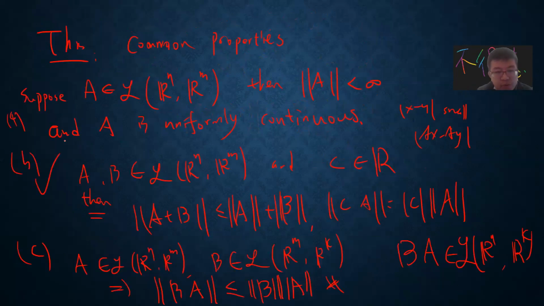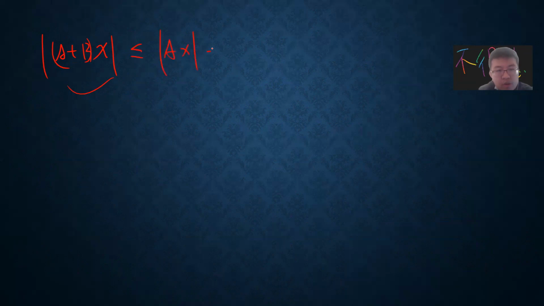Now let's go to this proof. I think this is trivial, so just prove it by yourself: you multiply by a constant, take the absolute value and take the sup, so the sup commutes with that constant. Now also this one, let me quickly give the proof. This is also simple. You can add Ax plus Bx and take the absolute value. The absolute value already has the triangle inequality, and by definition this is less or equal to the norm of A, because this is the sup.